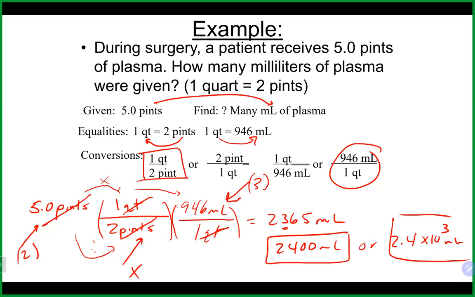It is only really when you cross over between English units and metric units, like 946 milliliters. Milliliters is more of a metric unit, right? And quarts there is more of a US or English type unit. When you cross over between metric and US, you should look at the significant figures in that conversion factor.